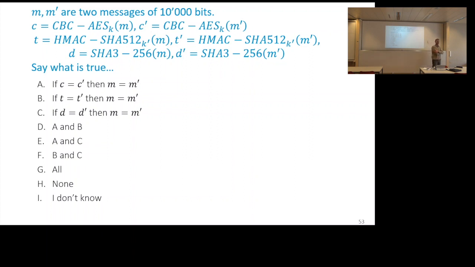Question: why is B not correct? Because this is not an encryption, but just a signature. First we hash the message, then we encrypt the hash, so that's a verification scheme. But because of the hashing, we've reduced the size of the message. If your message is 20 pages long and you reduce it to a tag of 1 page, then of course there can exist two messages of 20 pages that result in the same tag. Which ones, I don't know.